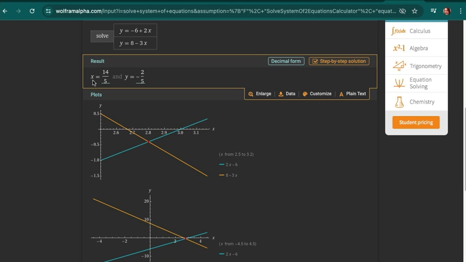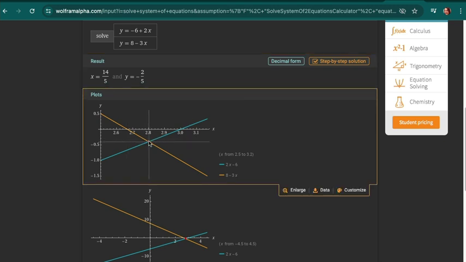So the x coordinate at that point is 14/5. So it's around 2.8, right? 14 divided by 5 is a number that's just around 2.8. And then the y coordinate is -2/5, which is right here at -0.4. So the y coordinate is at -0.4, and the x coordinate is almost exactly at 2.8.